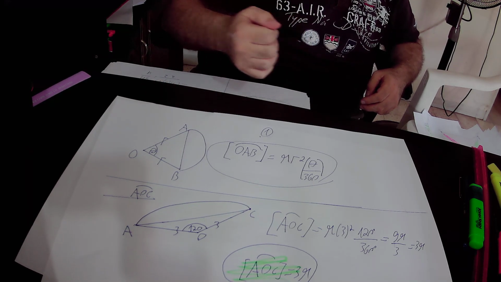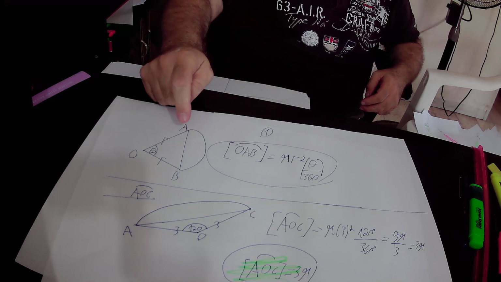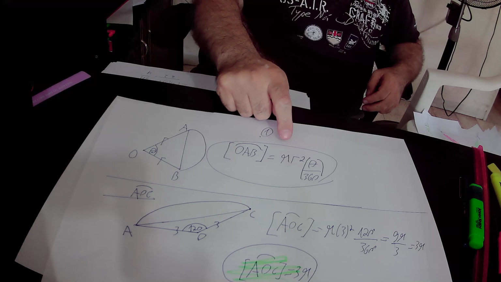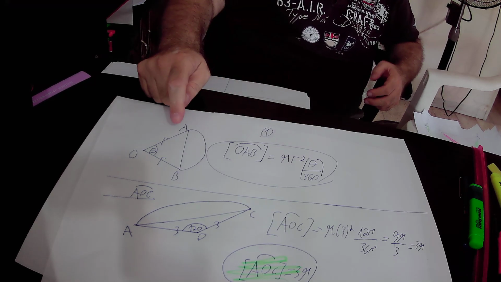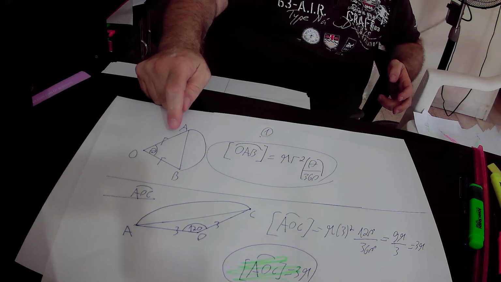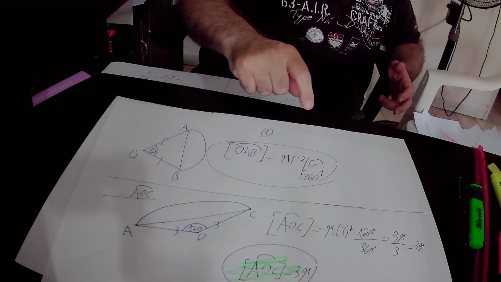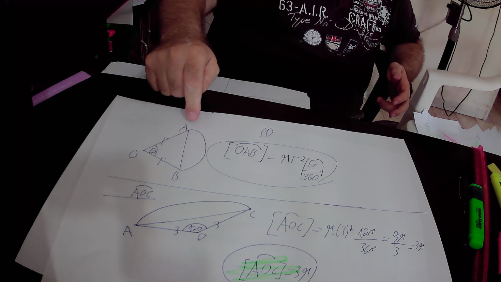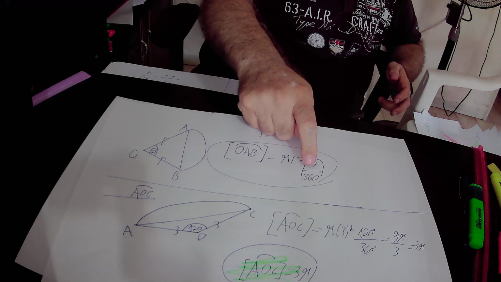And when we multiply this relative percentage by the area of the entire circle, that is pi r square, we'll get exactly the area of this sector AOB. Again, the relative percentage that this sector occupies out of the area of the entire circle is theta over 360 degrees.